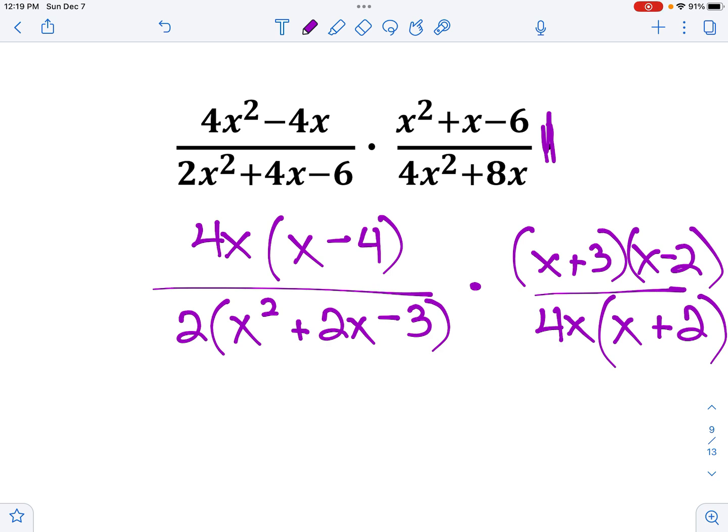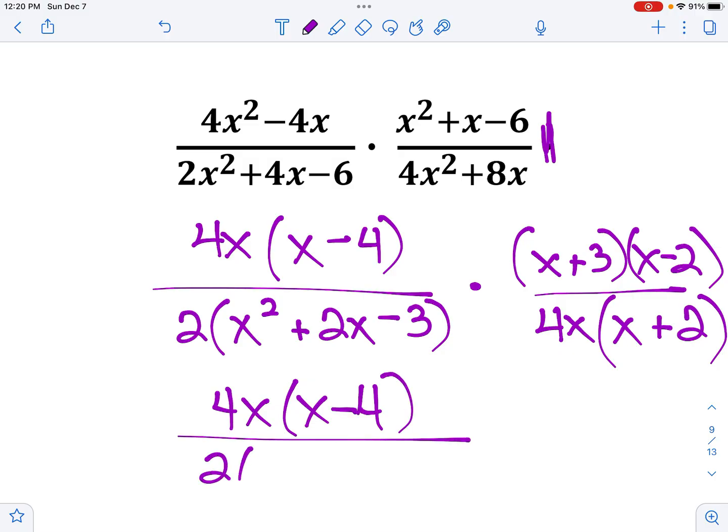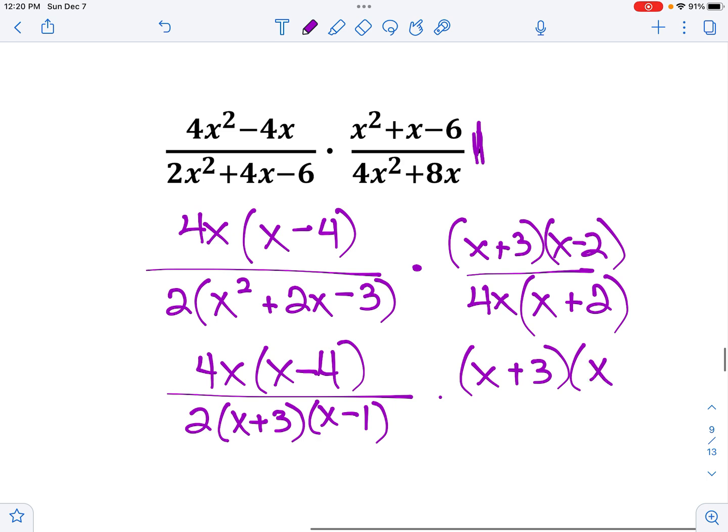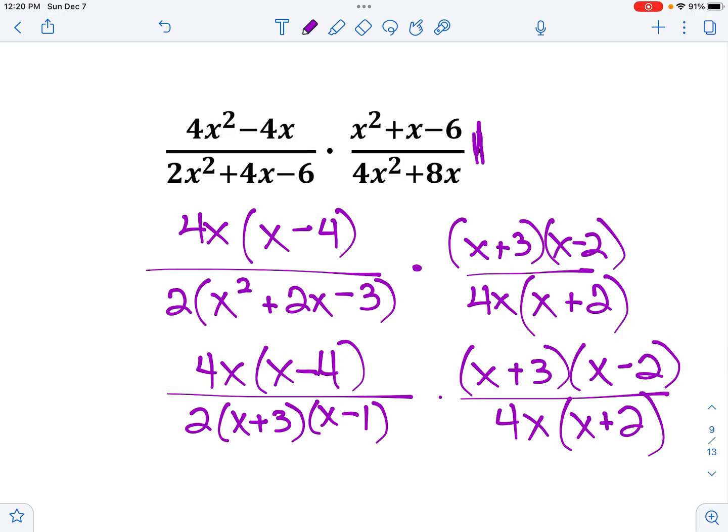Now I have this that I need to factor right here, which would be, let's see, x plus 3, x minus 1. And then just copy this. And start the canceling out.